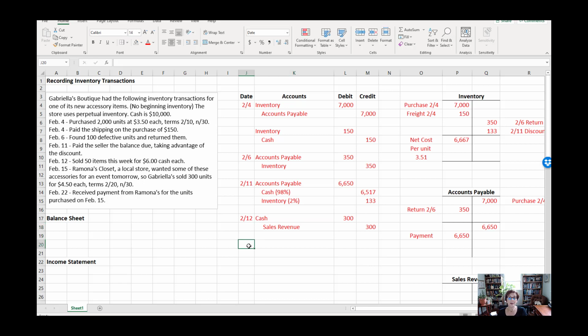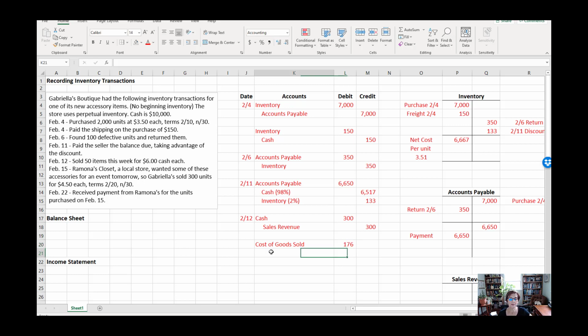Okay, now we have to make a second entry because perpetual inventory, remember, means every time you buy or sell inventory, you update your inventory account. So we're going to debit cost of goods sold, which is exactly what it sounds like. It's an expense that represents the cost of what you sold. So how many units did we sell? Well, this is equal to 50. We sold 50 units, and then remember we said each unit cost us $3.51.